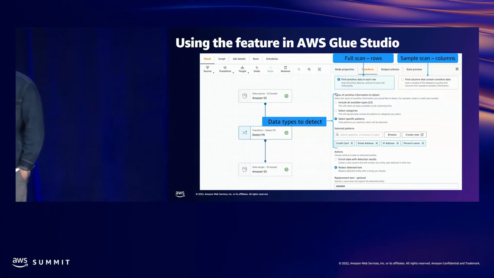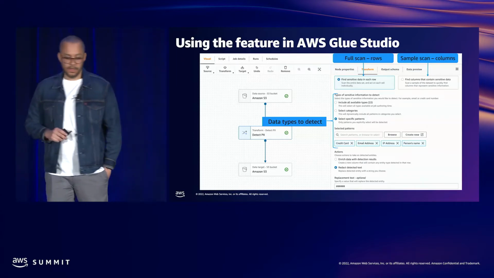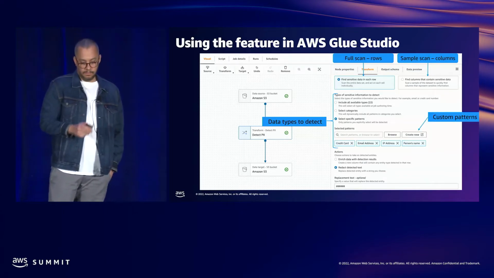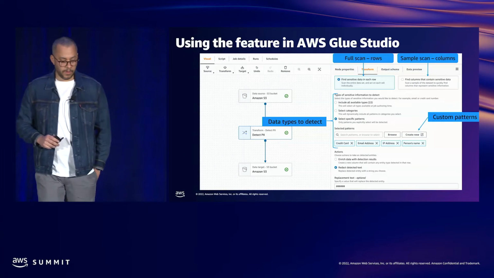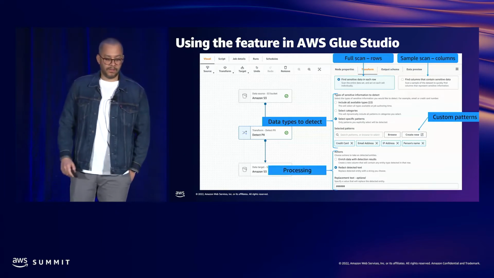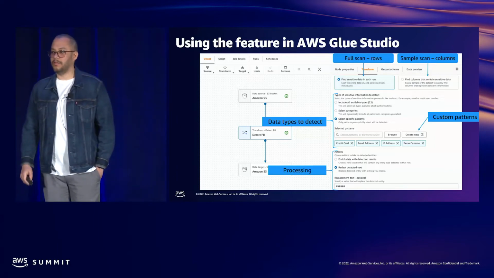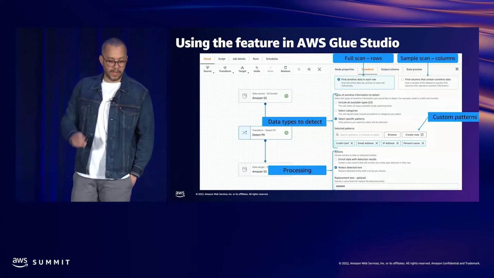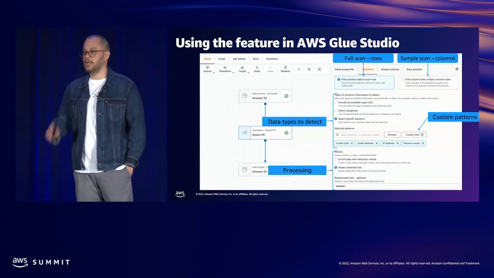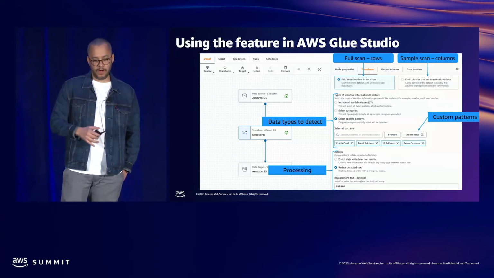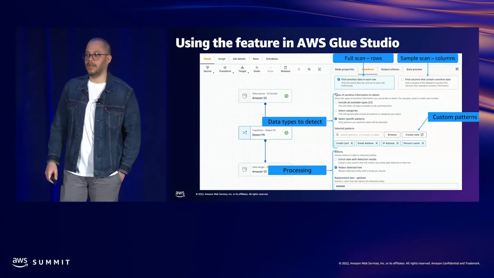Could be out of the box, could be custom. Here you have the option to create the custom ones. And then you can select the action that you are going to take once you identify the data. Once again, we're going to cover this during the demo, but just to give you a small view of how the UI looks.